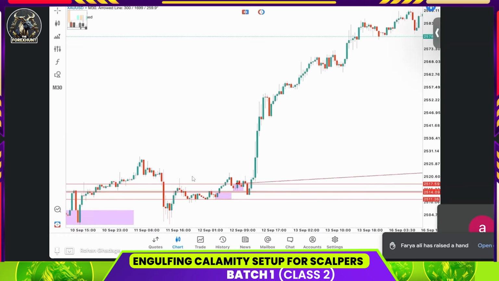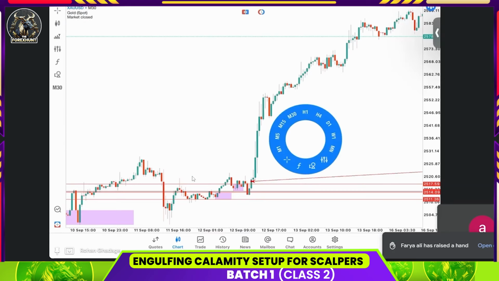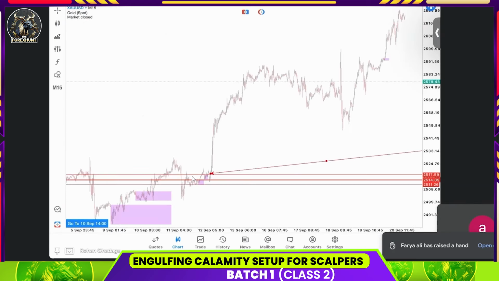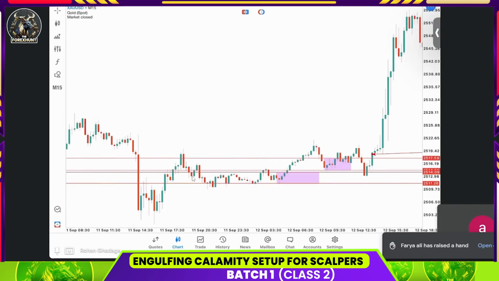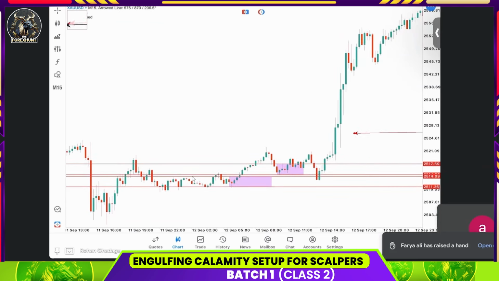Okay. Once market forms the engulfing buy, market comes to your area. Once market comes to your area, now start finding your confirmations. First of all, go to M15 or M5, whatever you want. Simply try to find your M15 engulfing buy. Market didn't form M15 here, market formed M15 here, engulfing buy.